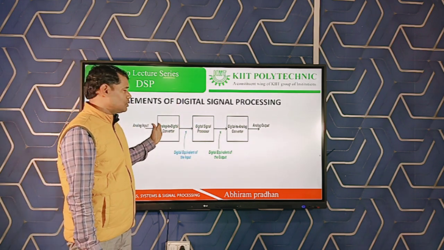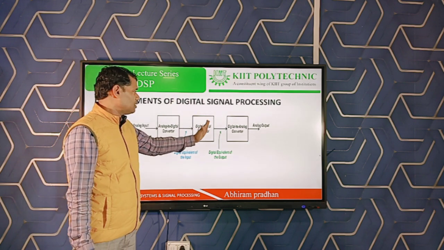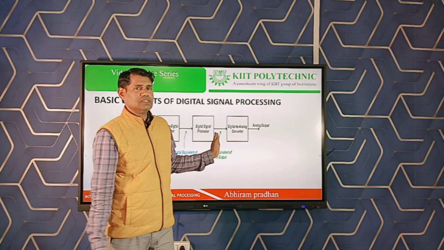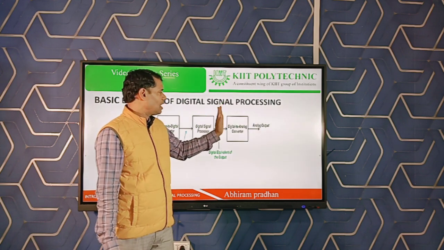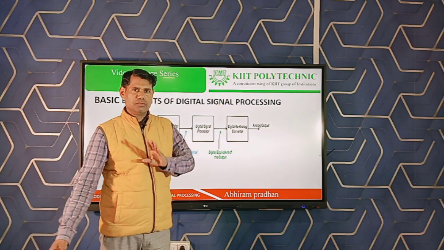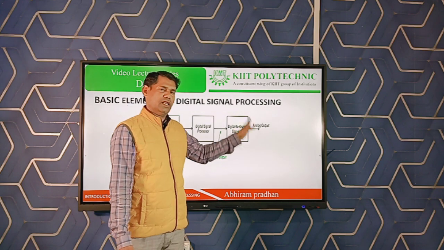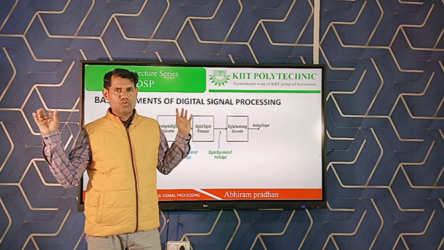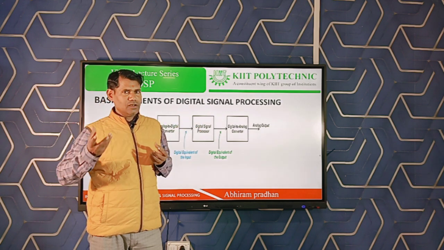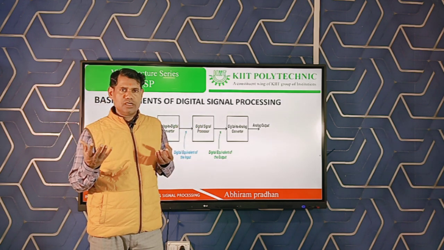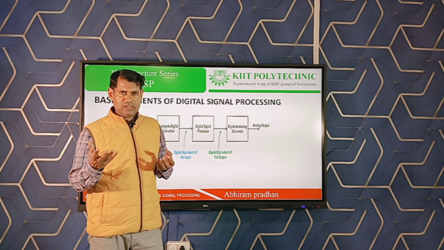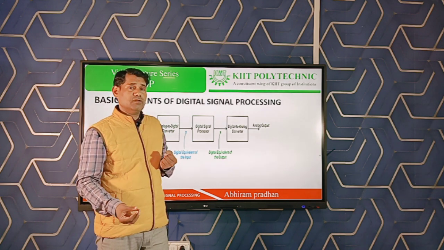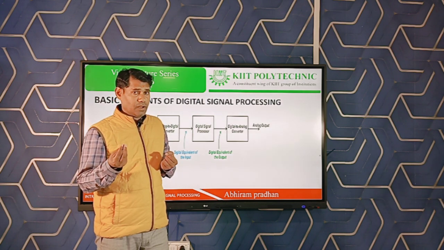So analog to digital conversion, then the digital signal processor processes it, but that processed signal must be converted back from digital to analog, because outside in nature, human beings cannot understand digital data by listening to it. It has to be converted again to the analog counterpart.